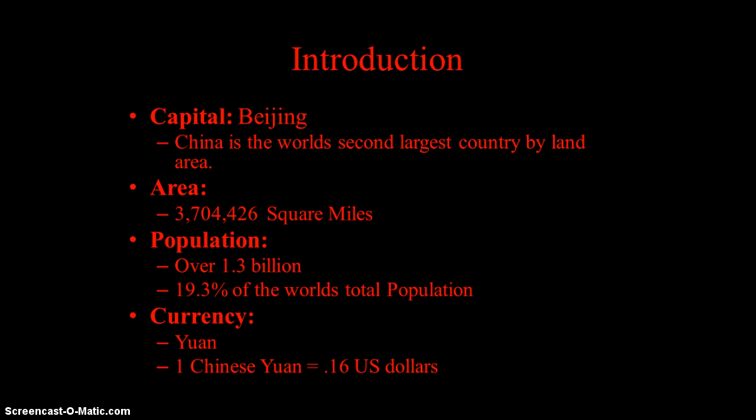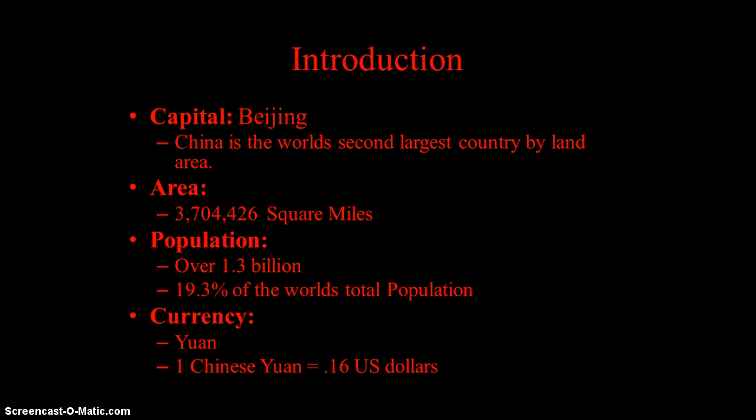First, a brief introduction of China. Beijing is the capital of China. China is the world's second largest country by land area, with a land area of 3,704,426 square miles. China borders Afghanistan, Bhutan, Burma, India, Kazakhstan, Pakistan, Russia, Tajikistan, and finally Vietnam.